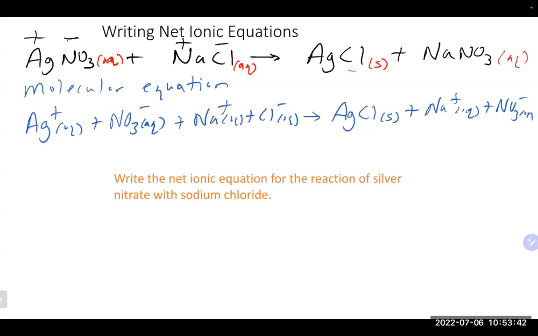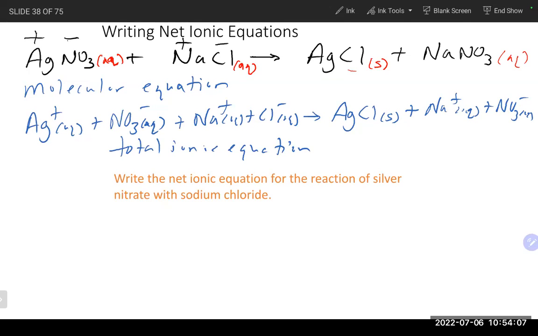This is the total ionic equation, our complete ionic equation. This is really representing what is floating around in that beaker, or wherever you poured these two things together. I could look on the left-hand side and the right-hand side of this arrow, and I can find my spectator ions.